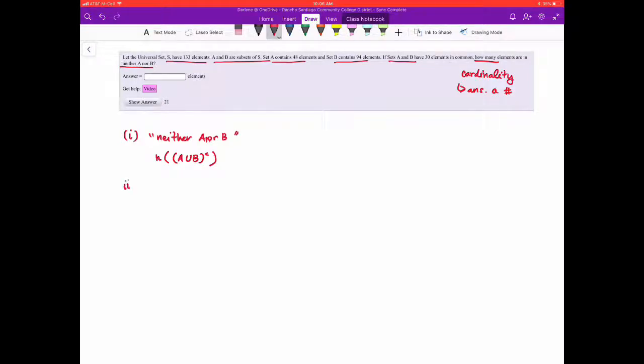The second piece of information we need to note is a cardinality formula. We know the cardinality formula that's in the textbook for the number of elements in the union of A and B is the number of elements in A plus the number of elements in B and subtract the intersection of A and B. And we can use the second formula for when we need to find the complement of a set.